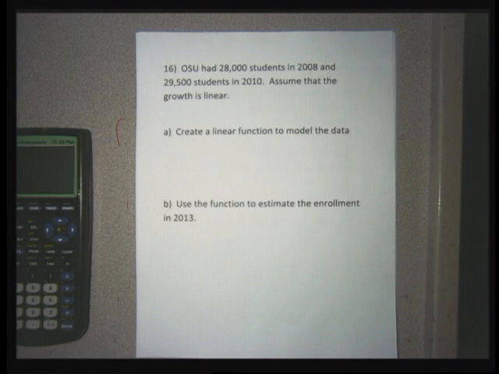Honestly, I probably could answer the questions as easily or better without the equation, but the process of finding the equation is going to be important if you go a little bit higher in math, because it's super common to have to find equations for lines.